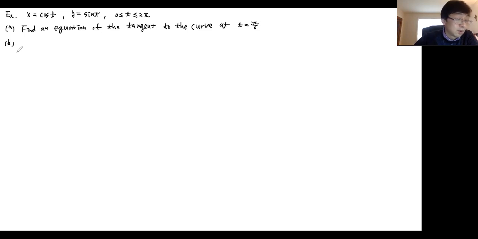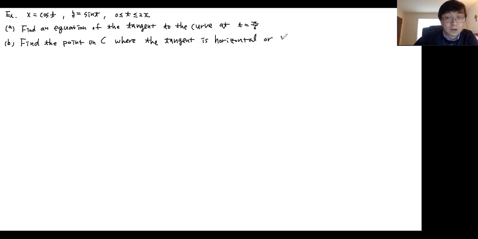Second problem, find the point on C where a tangent is horizontal or vertical.